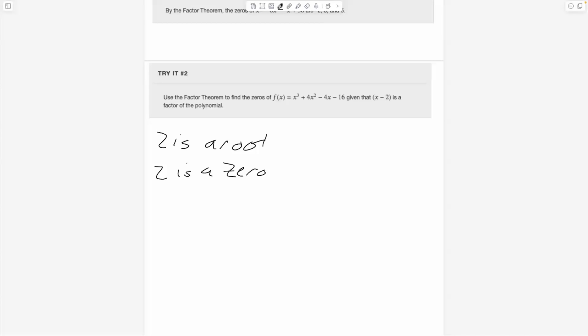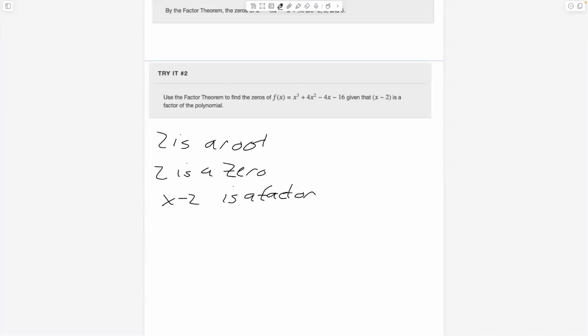Why? Because x minus 2, they said, is a factor. The factor theorem says that these mean the same thing. These always mean the same thing here. That's just definitions. Root and 0 mean the same thing. The factor theorem says that these are the same piece of information.